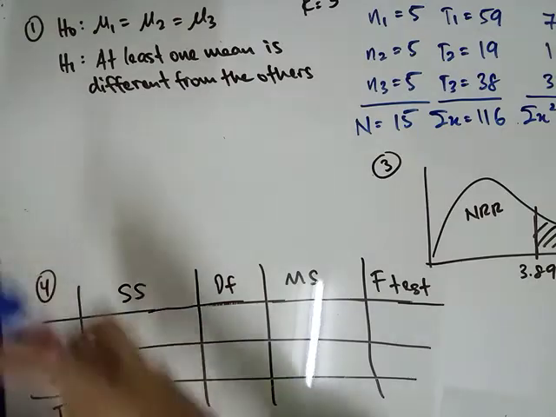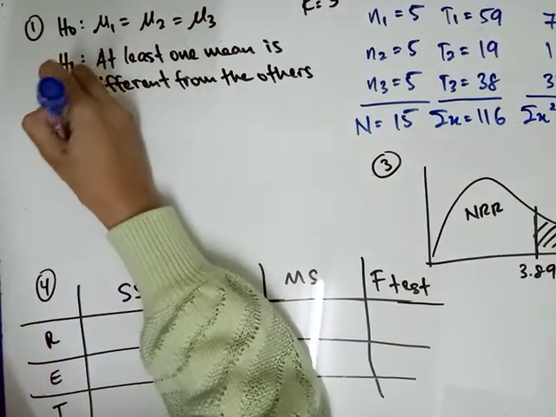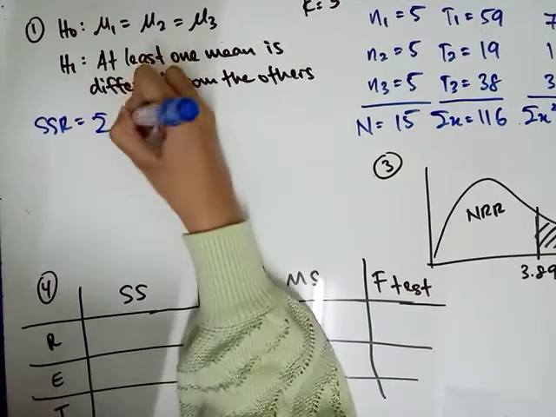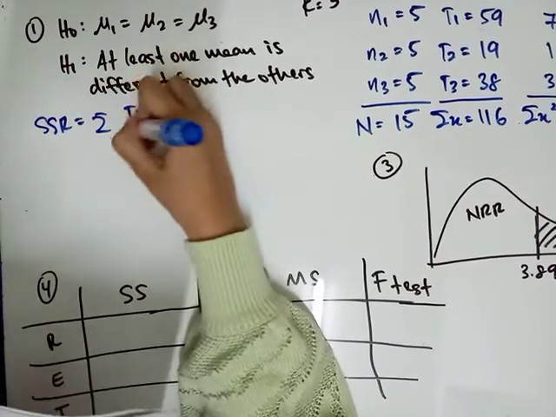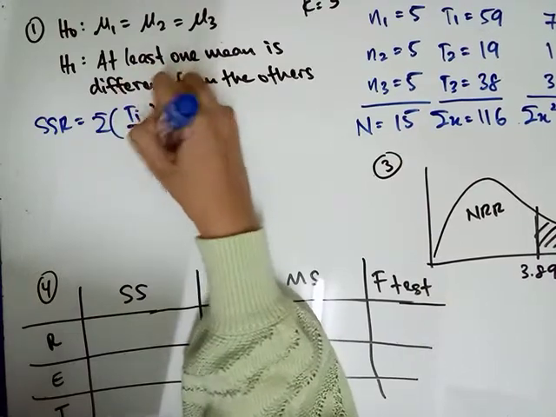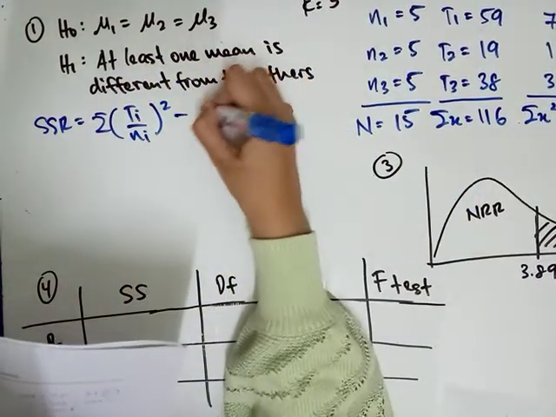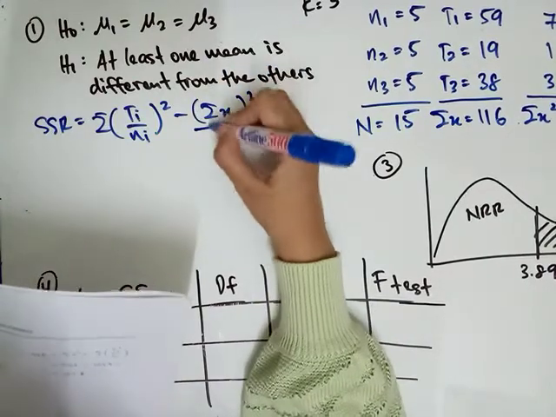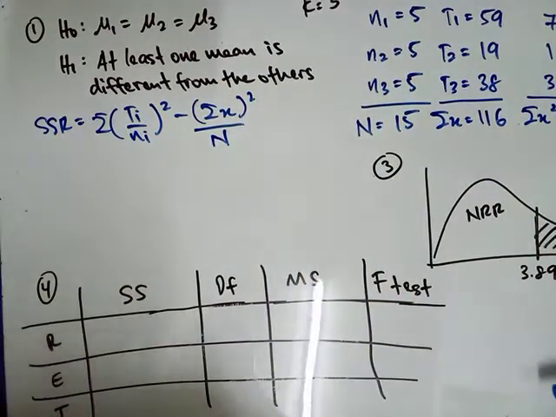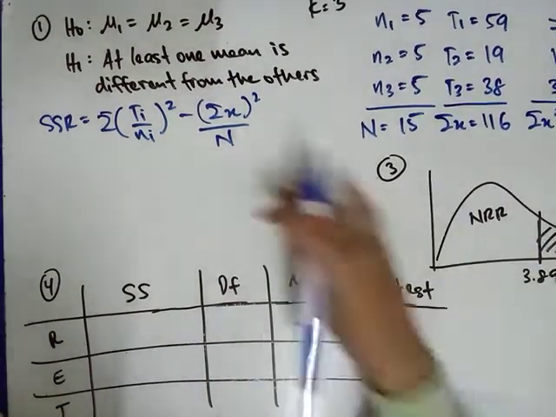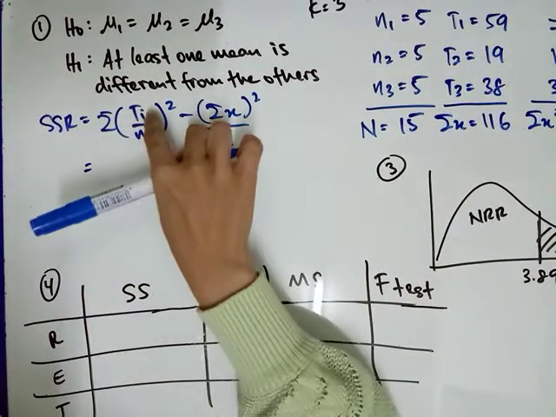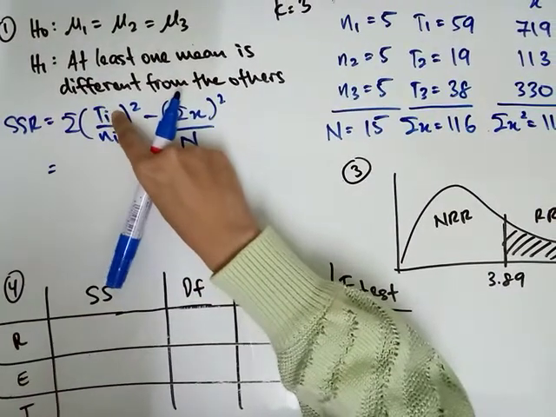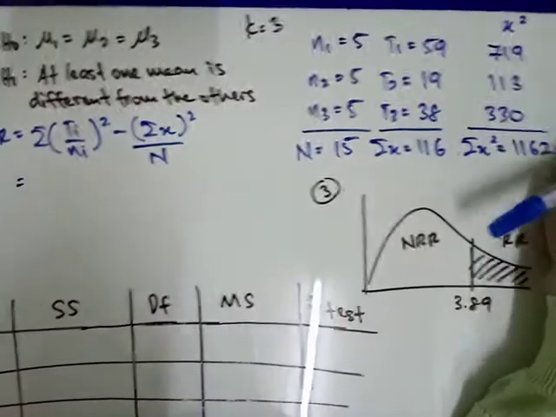So the first step, SSR. How to calculate, use formula total Ti over Ni, and then you need to square it, minus total X power 2 divide capital N. And then total Ti over Ni, that means for each sample.